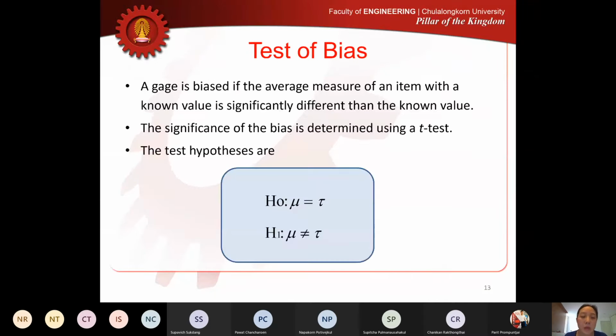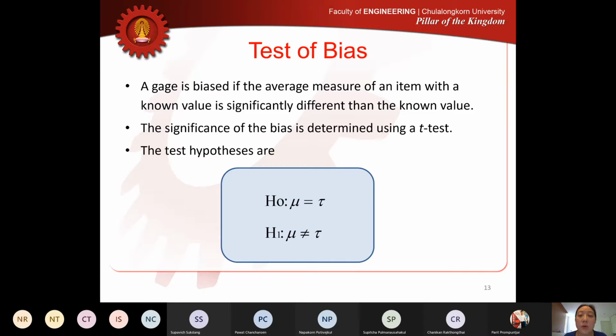So we will do this hypothesis testing where H0, the null hypothesis, is the mean. Mean in this case is the mean of the measurements. For example, the mean of the length of the part that we have observed is equal to tau. Tau is the master value or the true value of that part.